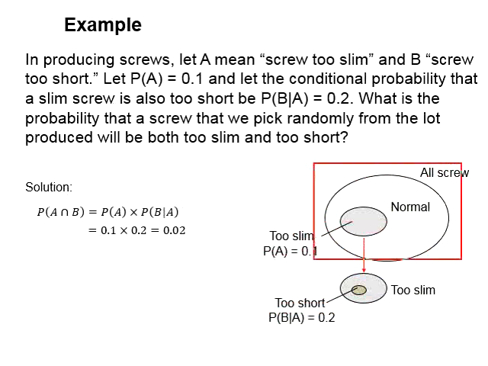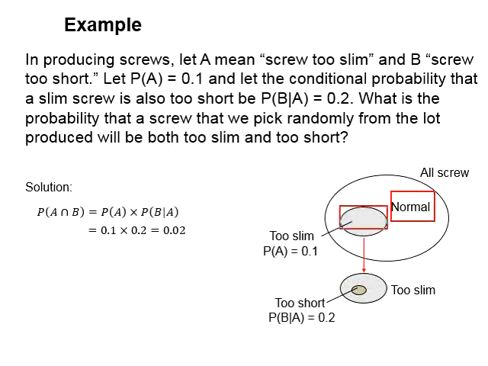This circle represents all the screws. This represents the normal screws, while this circle represents the screws which are too thin. The area of this circle represents the probability of 0.1.